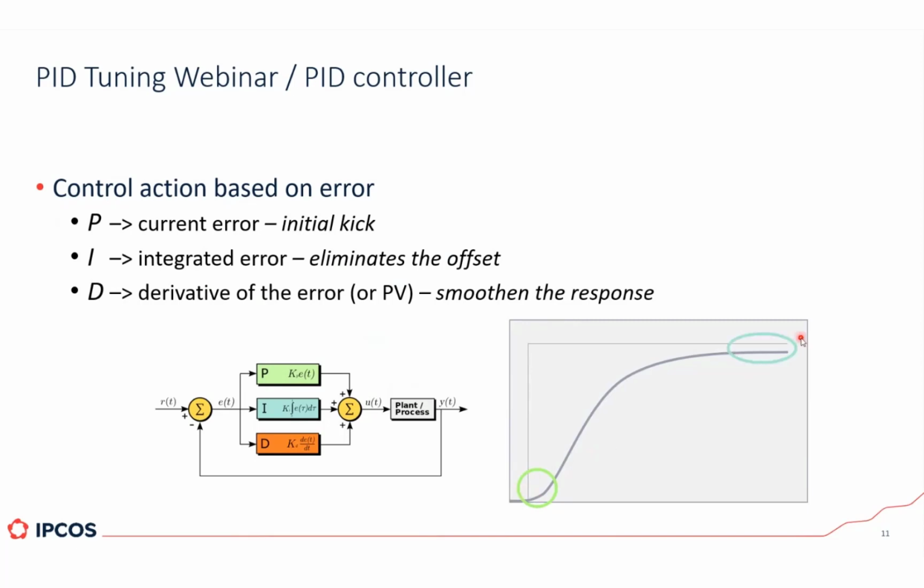Then the integral action will sum all this error here between the set point and the PV, right? And this action here will eliminate the offset. And we also have the derivative action, which will be based on the steepness of this slope, let's say. And this action will help to smoothen the response of the PID controller.